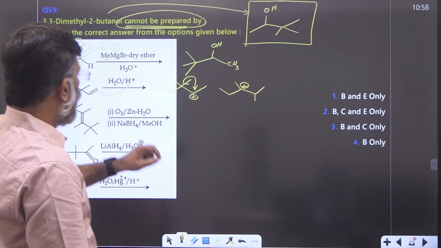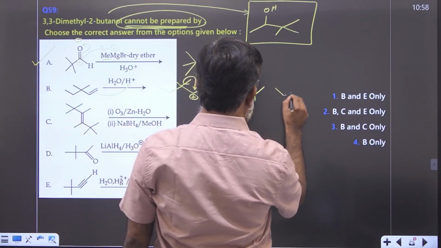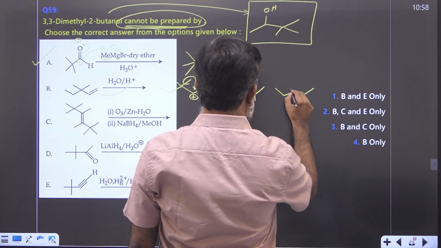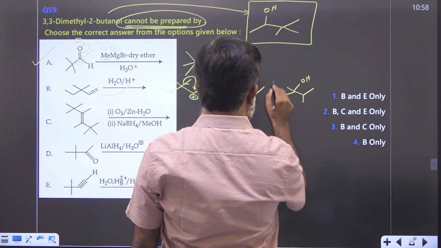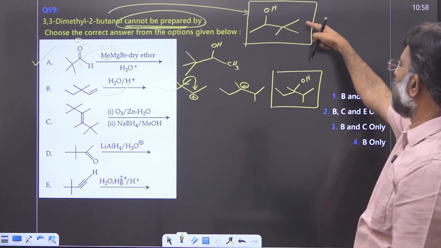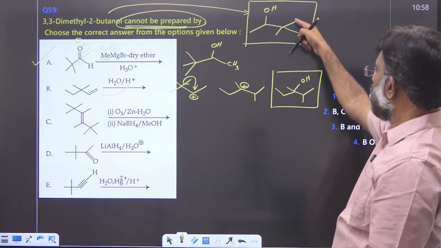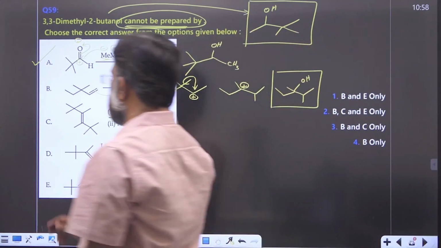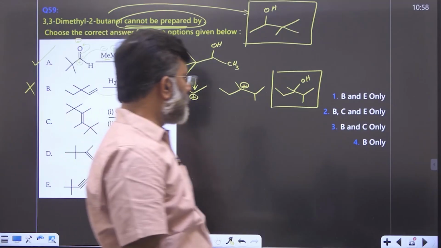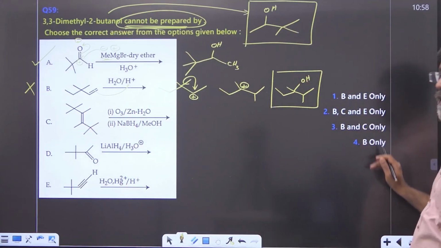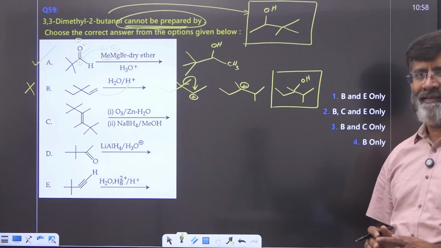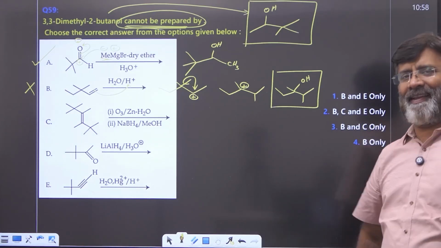And with the OH group coming in, this will be the final product in option B. That doesn't match with our system. So B will not give that major product. So B is an answer, but it is of no use for elimination because all choices contain B.